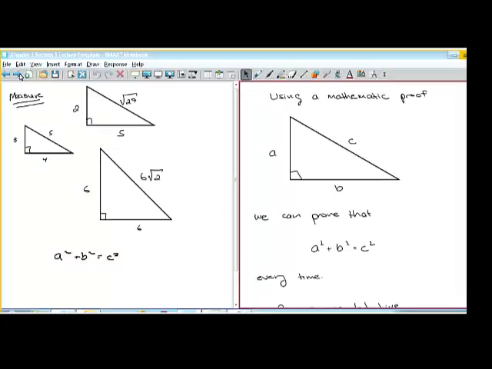But you can go from the other direction. There are hundreds of mathematical ways of proving that if you have a right triangle with sides a, b, and hypotenuse c, then a squared plus b squared equals c squared. I'm not doing experiments here, I'm doing a mathematical proof. So in this case, I start with a squared plus b squared equals c squared.